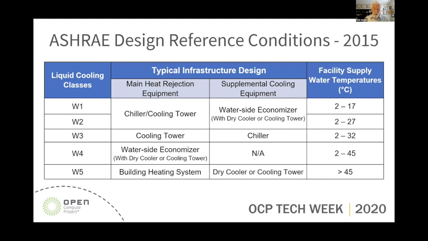So ASHRAE, back a while ago, we had a big problem at LBL because we run several high performance computing or supercomputers at a time. And whichever vendor had the lowest temperature requirement for the cooling water drove the design and the operation of our central plant.